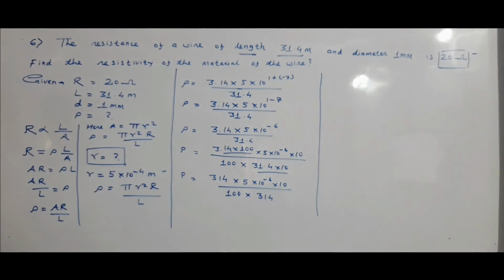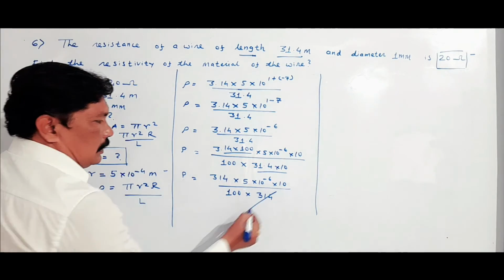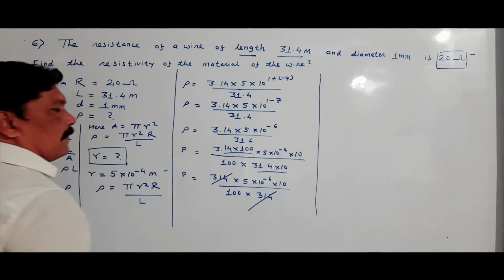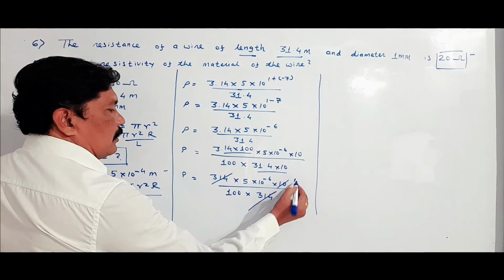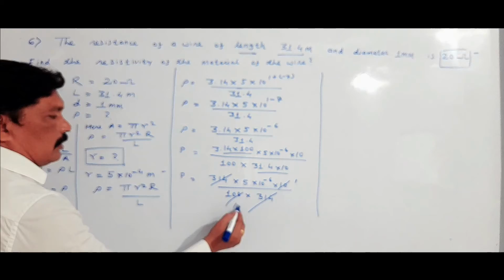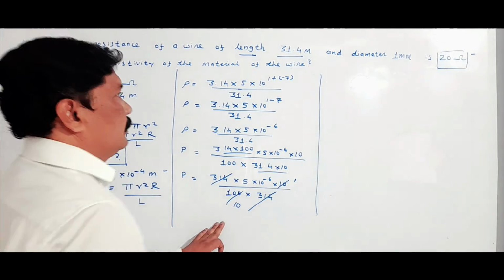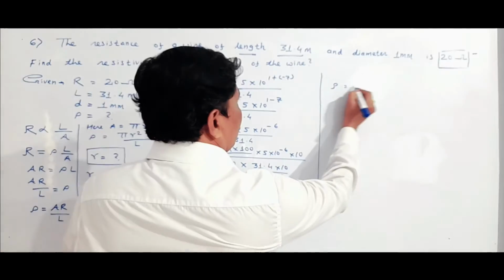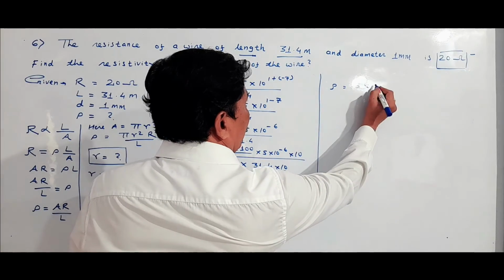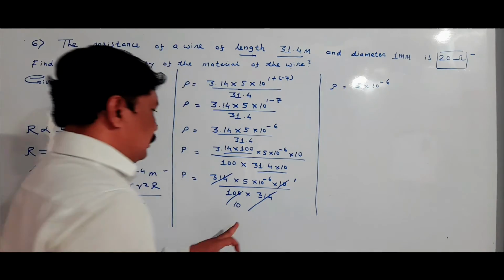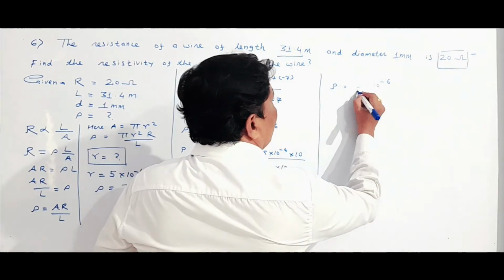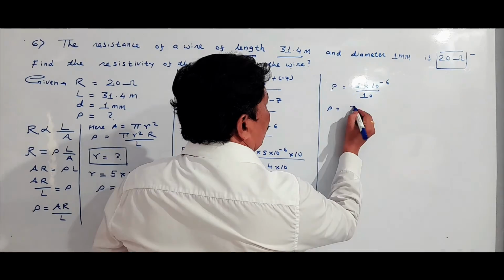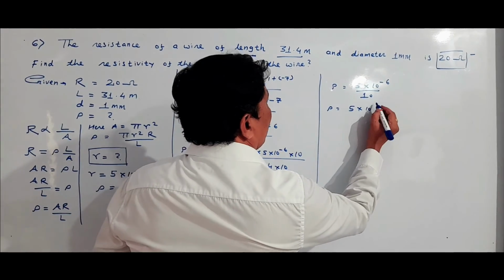Here also the decimal point is removed. 314 cancel, 314 cancel. 10 tens are 100. Resistivity of a material is equal to 5 into 10 to the power minus 6 upon 10.